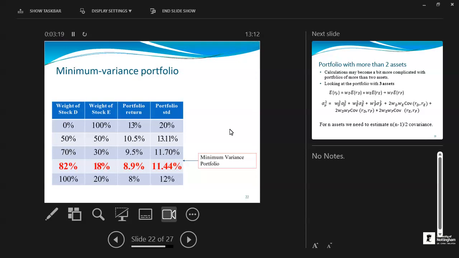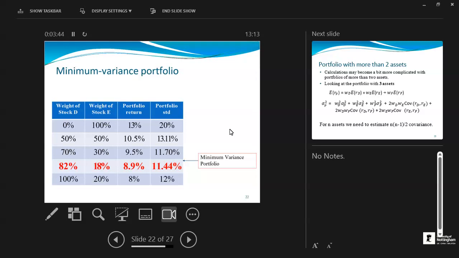But more importantly, the risk is only around 11.44%. Which means working with these two assets, stocks D and E, the lowest risk that we can attain is 11.44%. We cannot go below this. That is the minimum risk portfolio that we can create with these two assets.